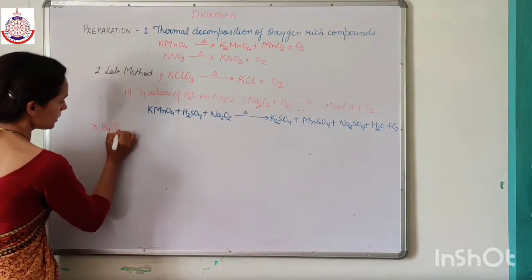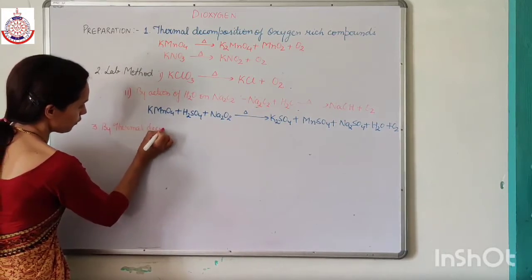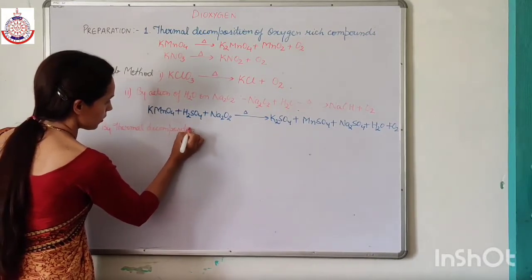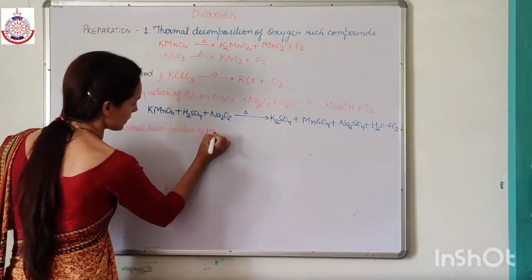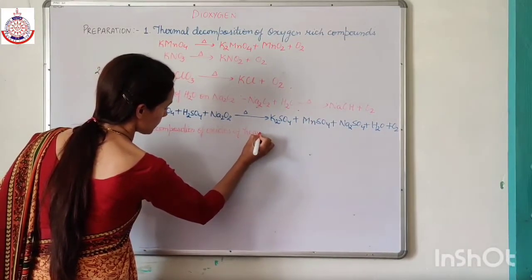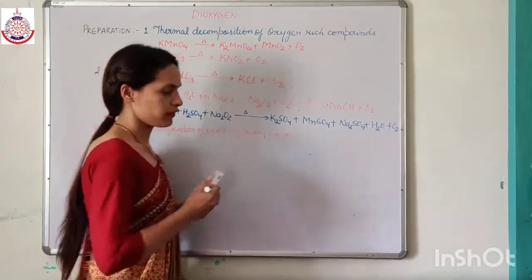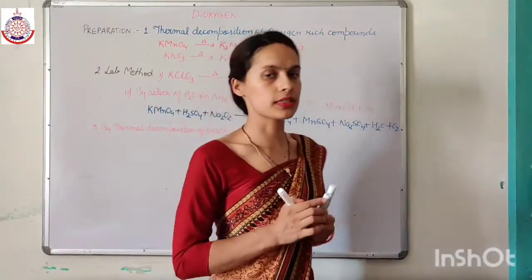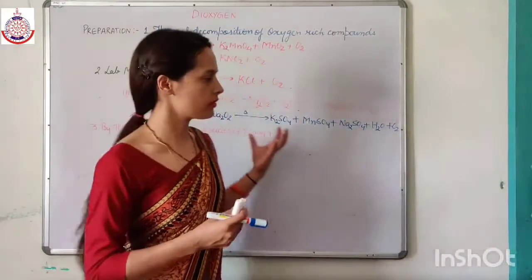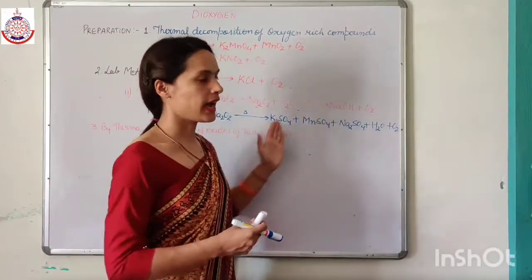Now the third method is the thermal decomposition of oxides of heavy metals. Some of the oxides of heavy metals, like those of mercury or lead, decompose on heating to give dioxygen.